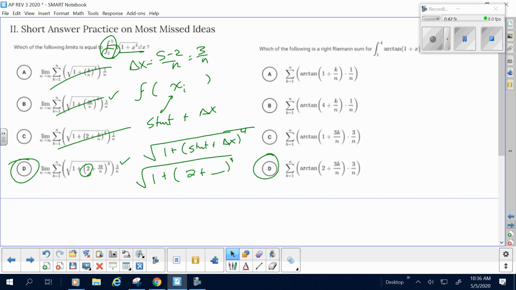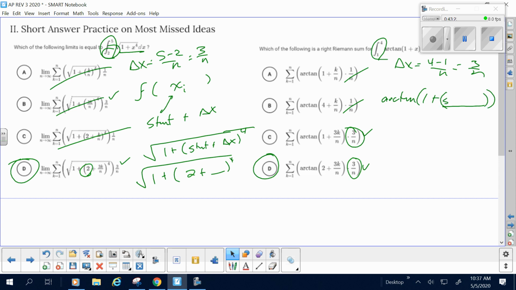All right. Now maybe this one will make more sense here. Same deal, the delta x first. Delta x is 3 over n, so that's gone, in. Those are still in. The function is arctangent of 1 plus whatever the x is, and remember the x depends on the start plus the change.